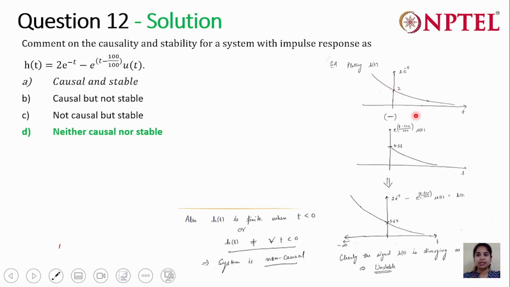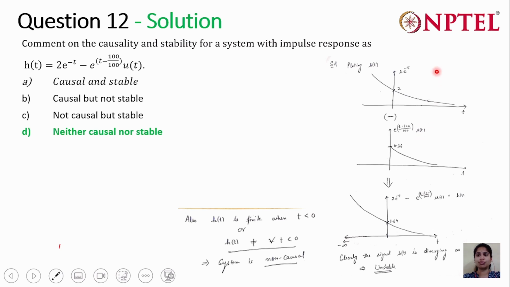The second term is (e power t minus 100) by 100 into u of t. Since you have u of t, it is going to be non-zero only for t greater than or equal to 0.